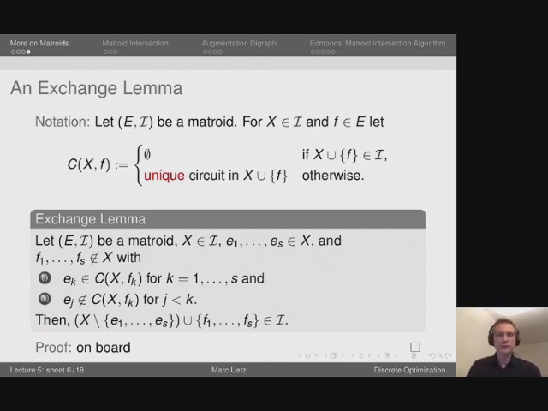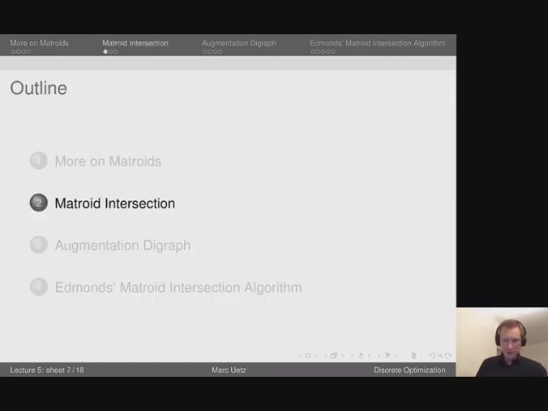I'm not going to repeat it again. And now we have all the technical equipment ready in order to move towards matroid intersection and an algorithm to solve the matroid intersection problem. So next I'm going to define the matroid intersection problem formally.